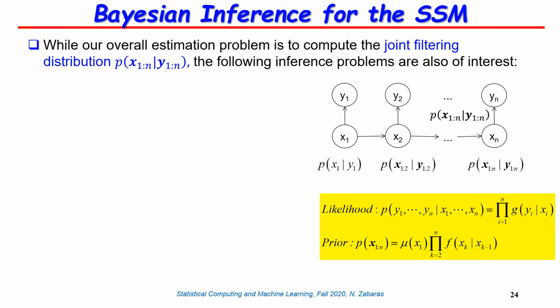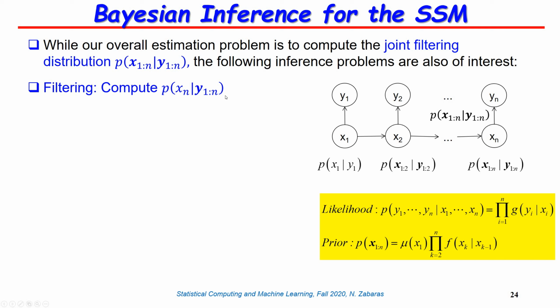All right, so the target for the discussion today will be this posterior distribution, but in the literature, and depending on your interest in different applications, maybe you're really not interested in the whole posterior of x from 1 to n given all the observations. Maybe the only thing you're interested in is what is called the filtering distribution, which gives you the posterior of xn given all the observations from 1 to n.